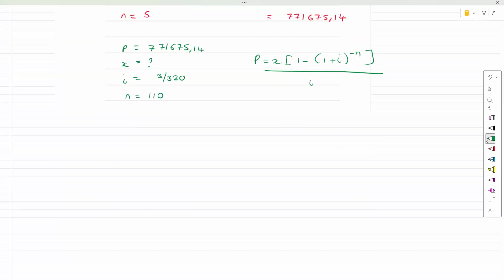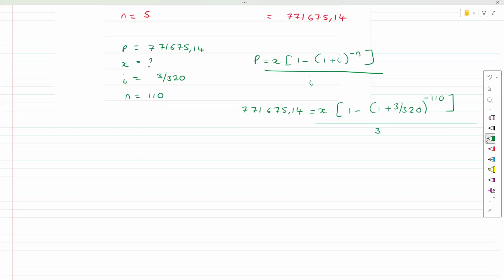Let's solve. This is 771,675.14. So memorize the steps, guys. 320 minus 110, 3 over 320.